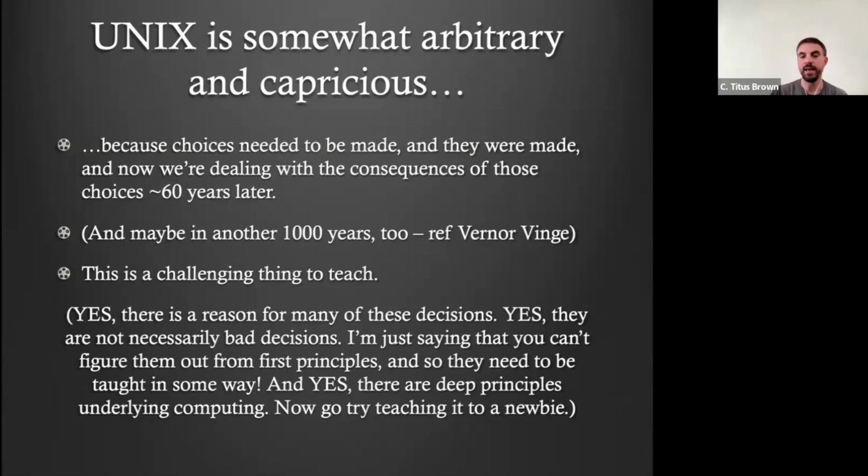So they need to be taught. And there are deep principles underlying computing, but it's really hard to teach all this stuff to a newbie because it presents as a collection of details. And the newbie's like, I can barely type fast enough to do things usefully. And now you expect me to remember eight flags for ls, which all tell me different useful information.